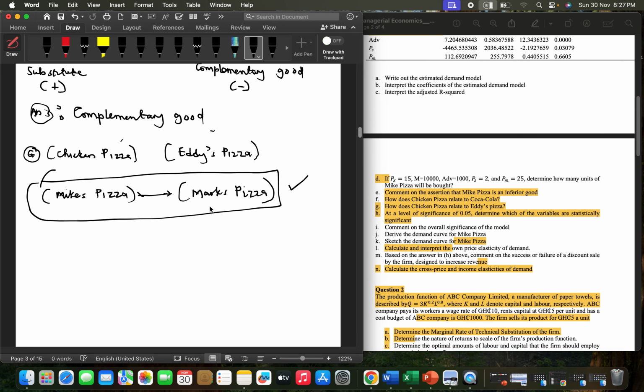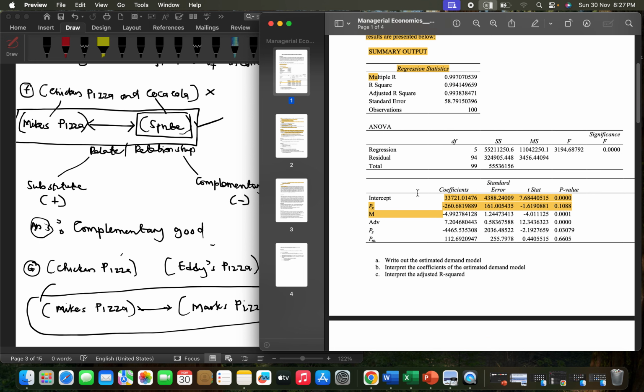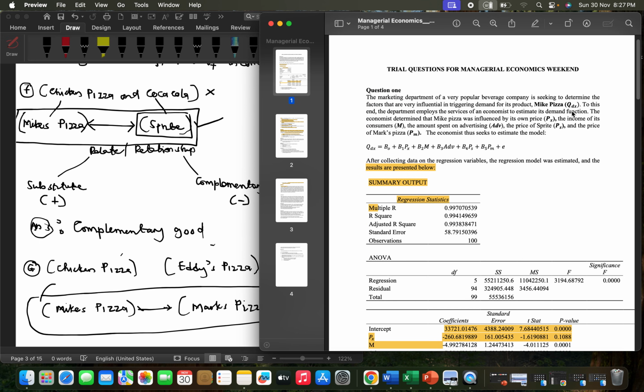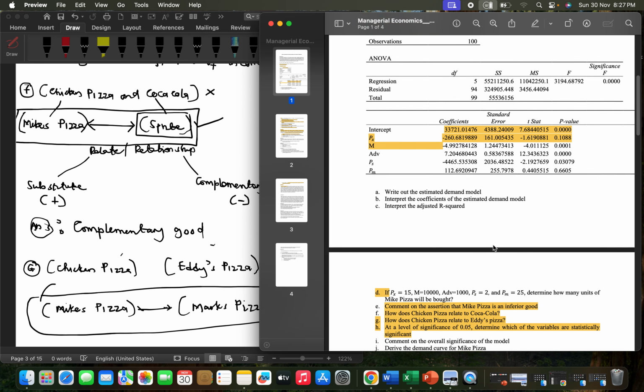You notice that in the question, Mike's Pizza was the actual product. You can see it here: QDX is Mike's Pizza. So any other price apart from Mike's Pizza's price is a related product.